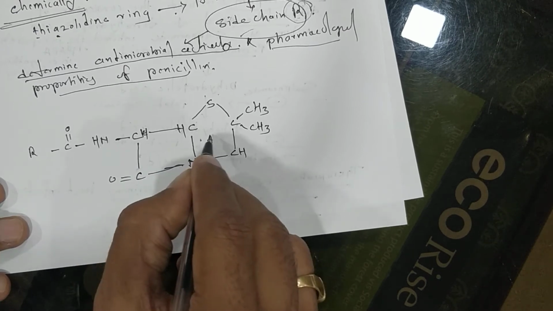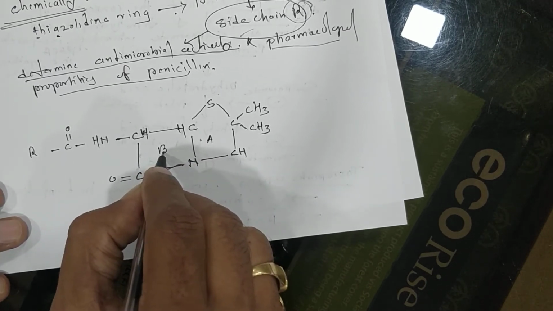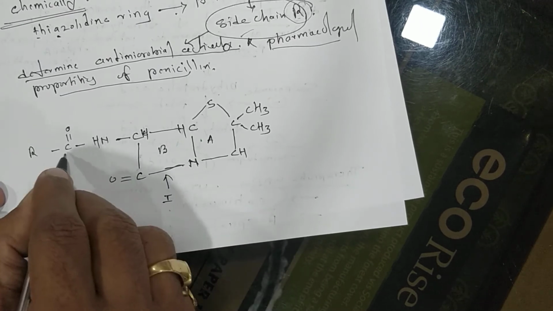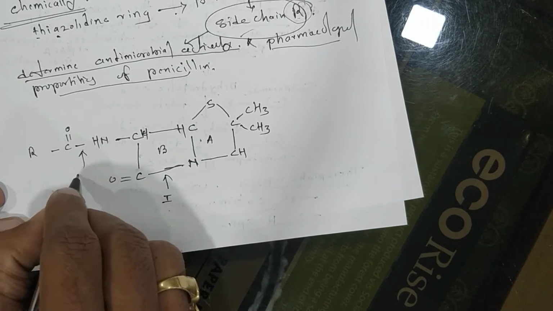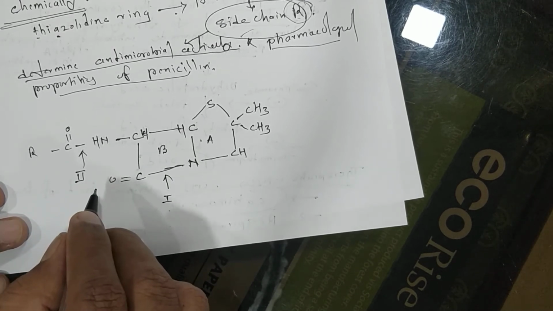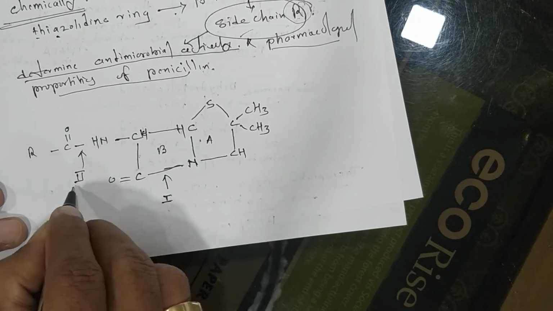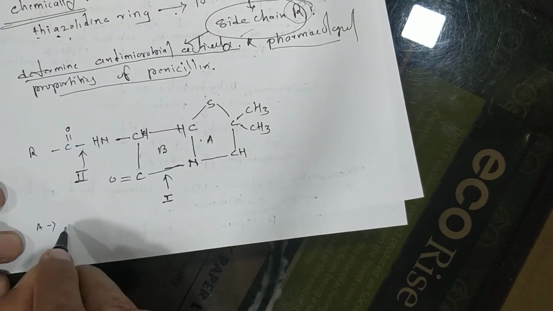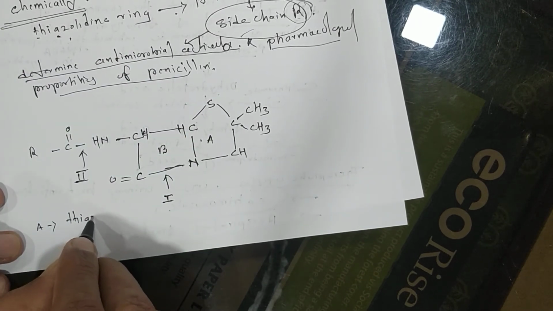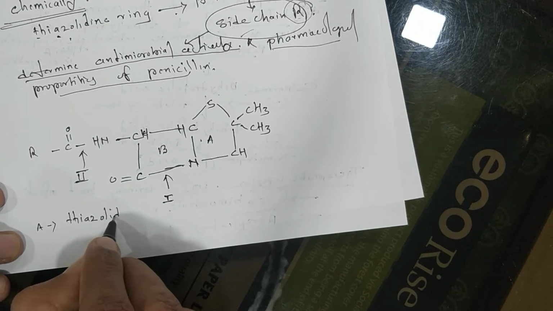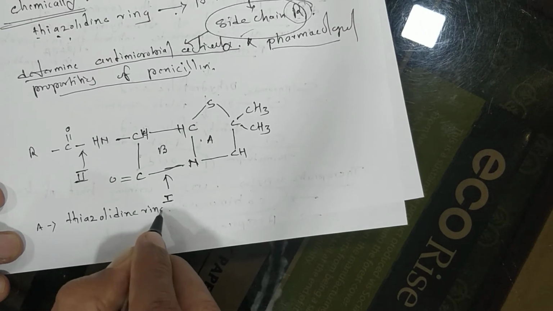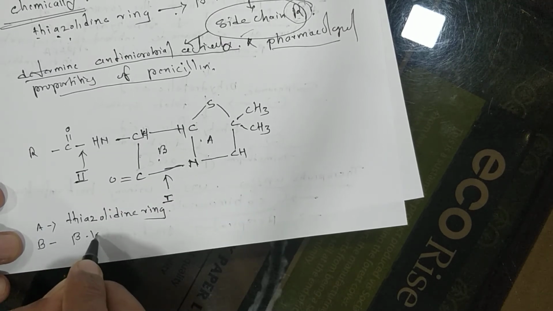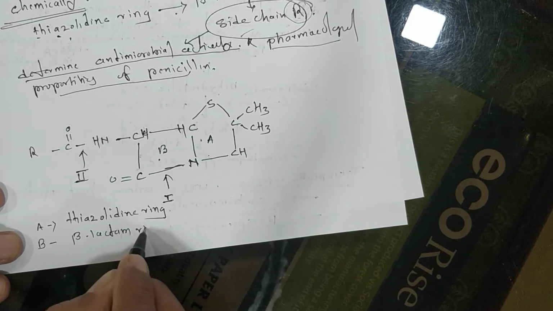This is part A, part B. Inhibition takes place here first, and here inhibition takes place at the second site. These are the sites of action, 1 and 2. Now A is the thiazolidine ring, attached to the beta lactam ring. B is the beta lactam ring.